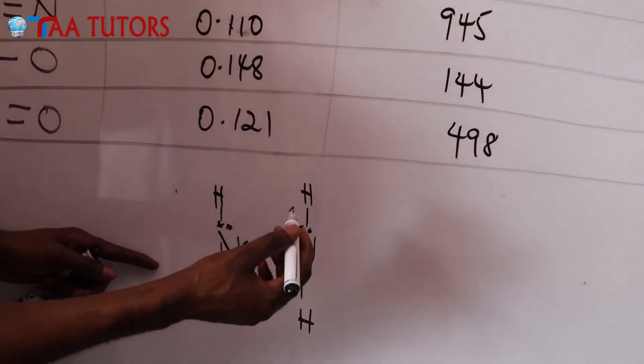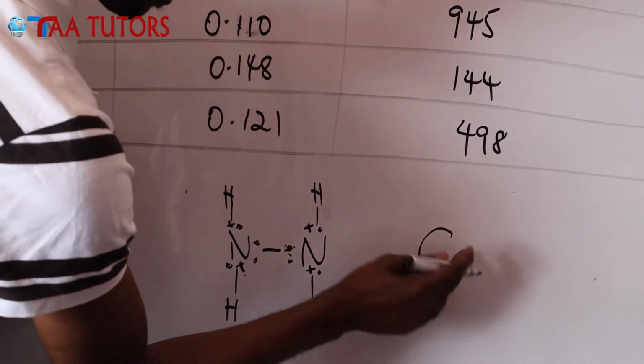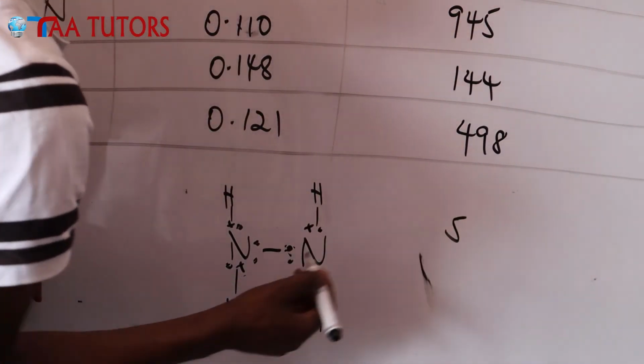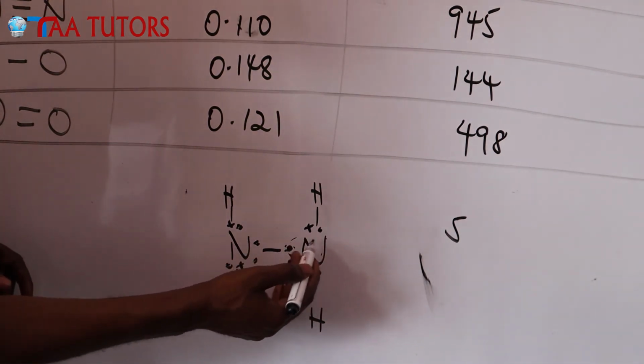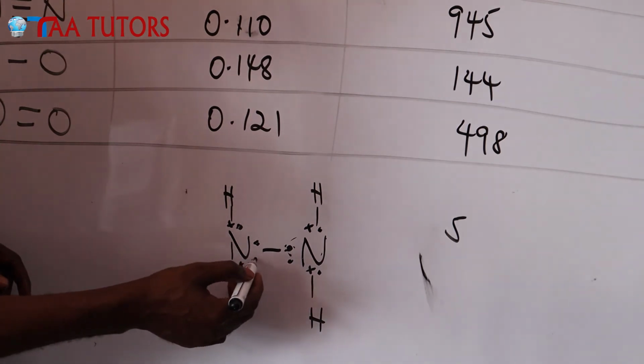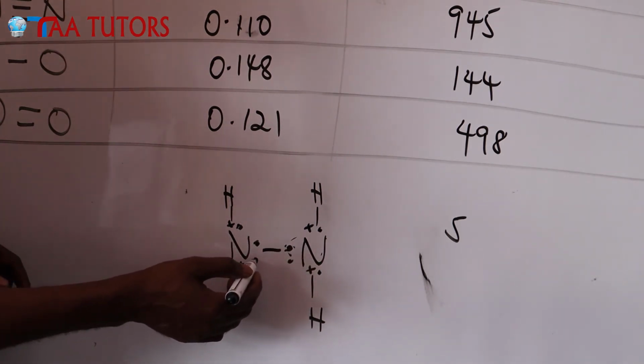Then you realize that in the outer energy shell of nitrogen, we have 5 electrons. But if you look at this carefully, for this nitrogen, only 3 have been used, because if I put this one here, this one is for the other one. So only 3 have been used here.